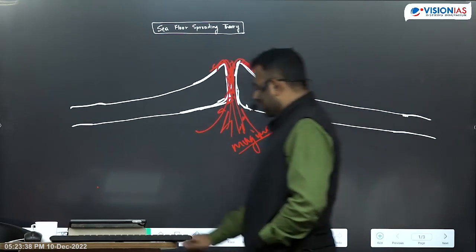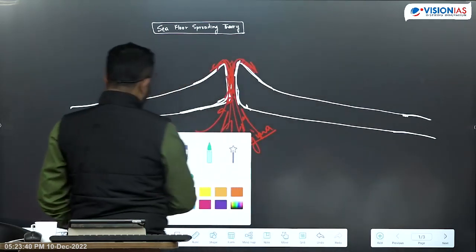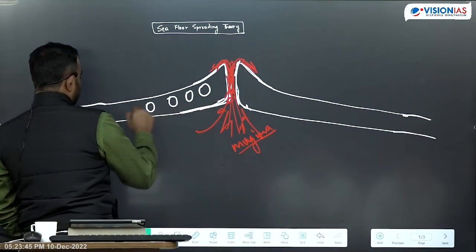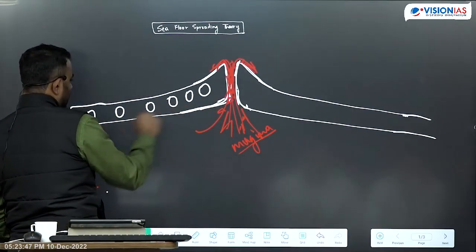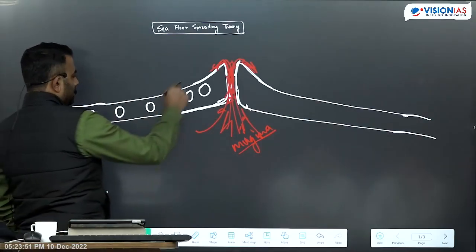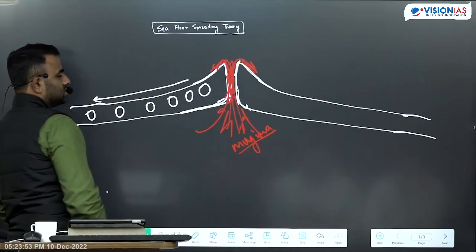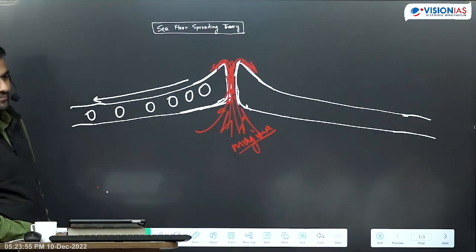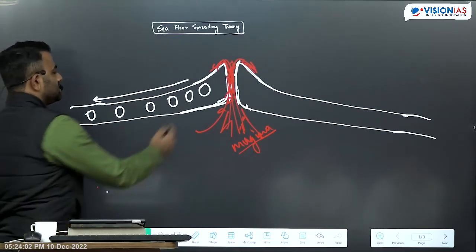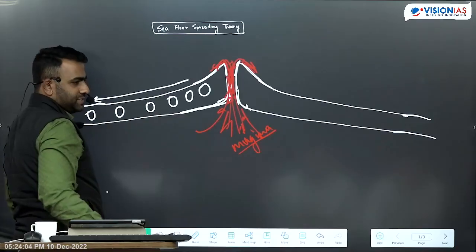Okay. Then we started to analyze these structures. We studied the rocks of these structures. When we studied the rocks of these structures, we got to know one interesting thing, that the rocks which are collected at different distances away from the mid-oceanic ridge, their age increases in this direction. The age of the rocks, that is age of the oceanic floor itself, increases as we move away from the mid-oceanic ridge.